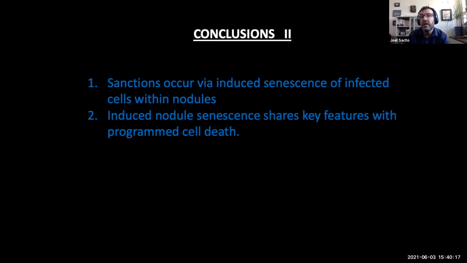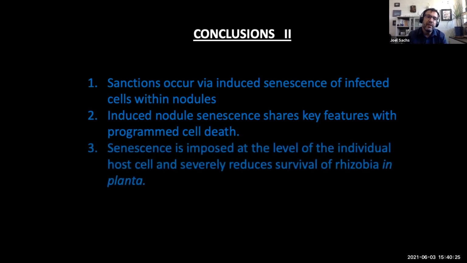In particular, it is initiated by the rupture of the tonoplast, and then the rest of the cell starts to undergo senescence. From the evolutionary perspective, this is most interesting to me in that this process appears to be cell autonomous. And this gives the plant quality control over symbionts at a cellular level, and allows them to punish these cheaters even when a nodule is harboring multiple genotypes.